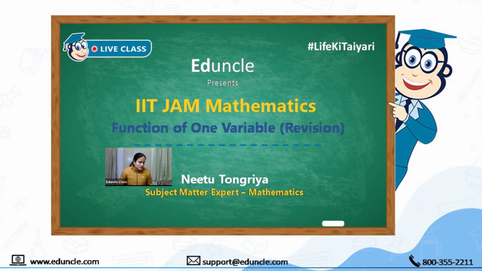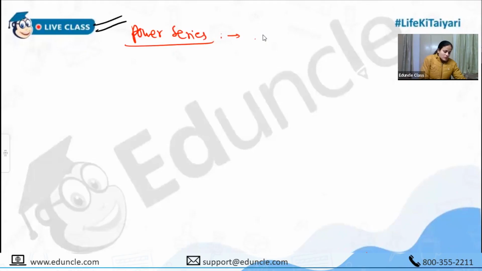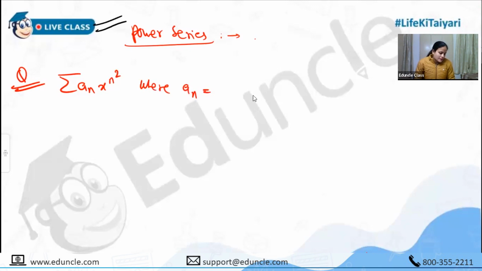Okay, let's go. So I am considering a power series question. I am considering a power series a_n x raised to n square, where a_n is defined by n factorial upon 2 raised to n into 3 raised to n.